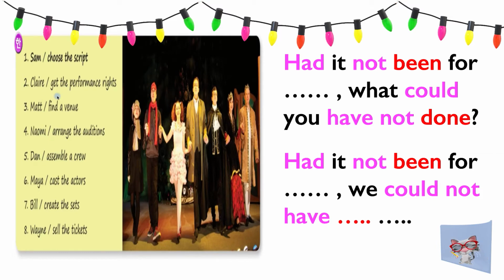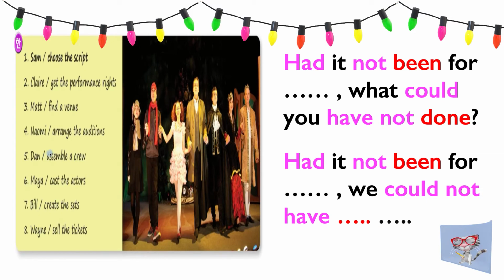Yeah, so get becomes gotten. Gotten the performance right. Had it not been for Matt, what could you have not done? Had it not been for Matt, we could not have found a venue. Find becomes found a venue.